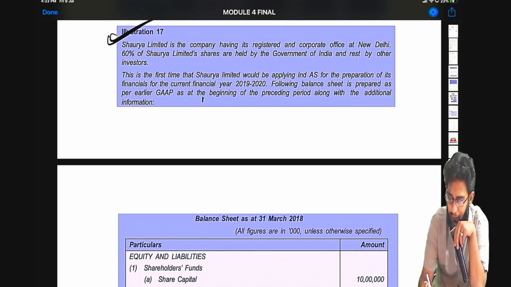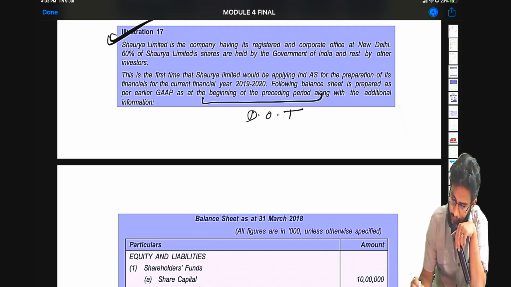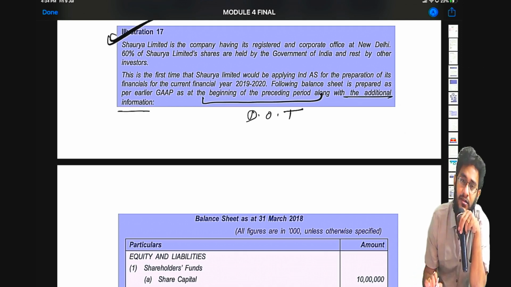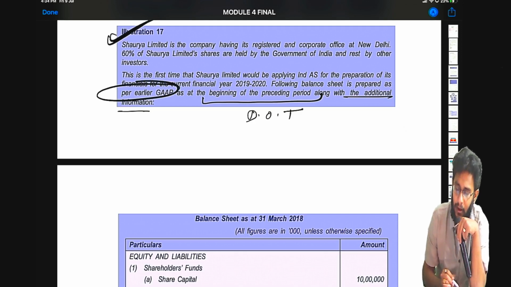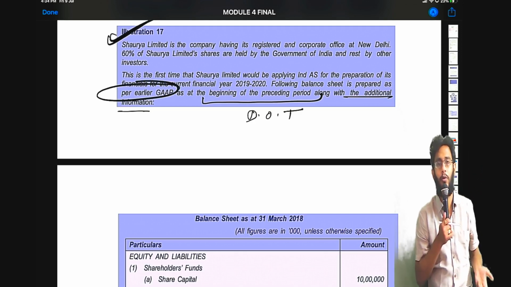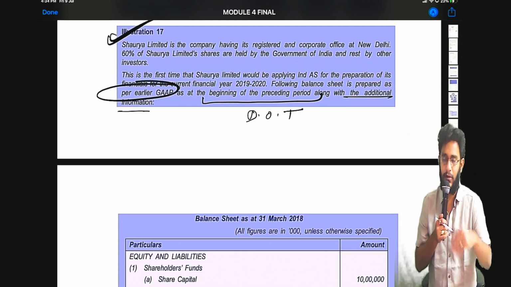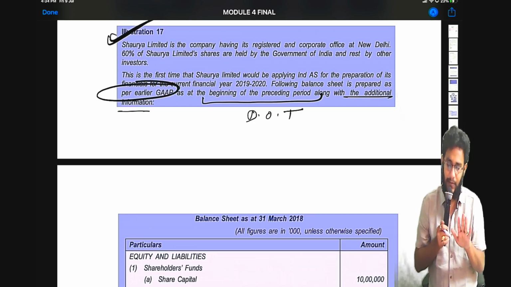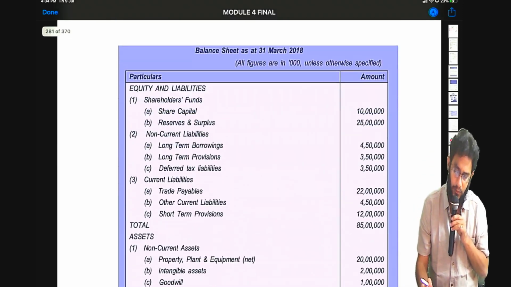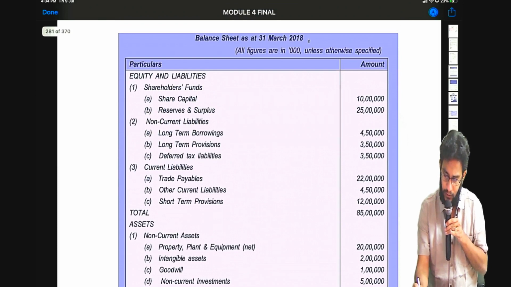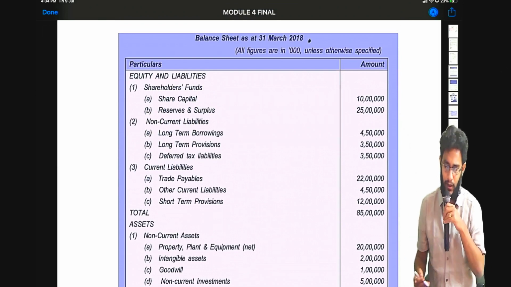The beginning of preceding period itself means it is a date of transition with additional information. The date of transition balance sheet, but as per earlier GAAP. Obviously you know your job. What is our job? Convert this into Ind AS. Date same as sir, but you have to convert this into Ind AS. He wrote 31st March 18, we may call it as 1-4-19 and we will do.